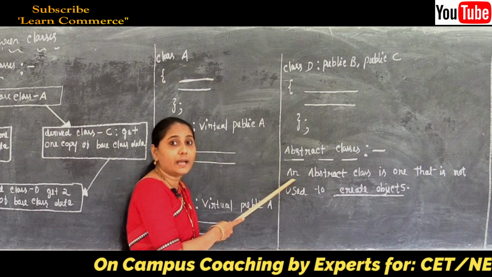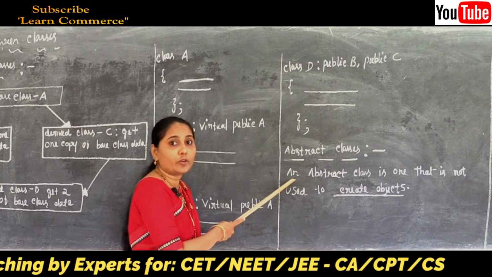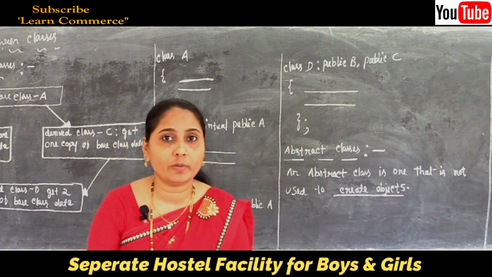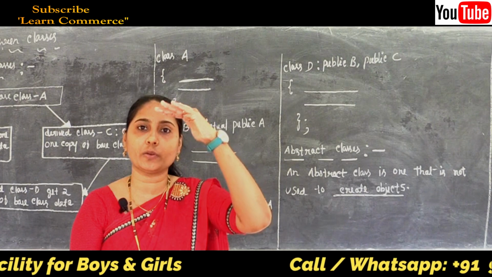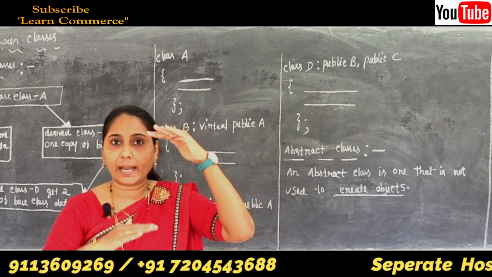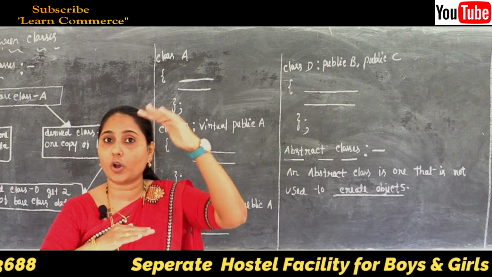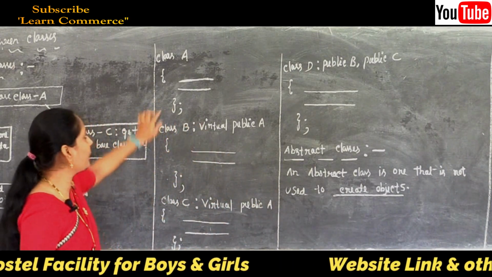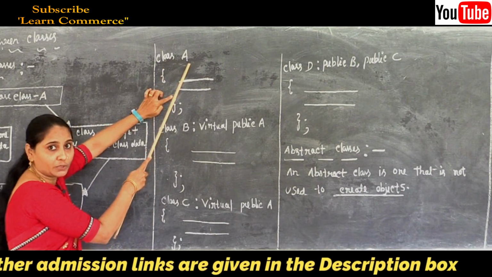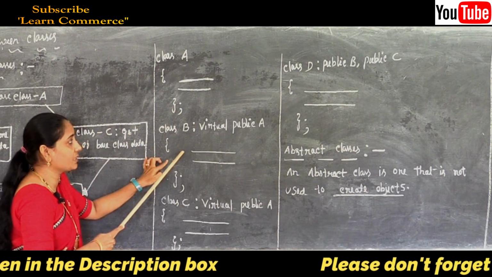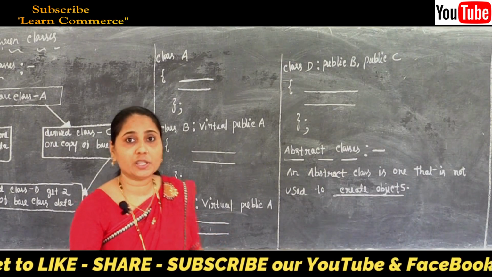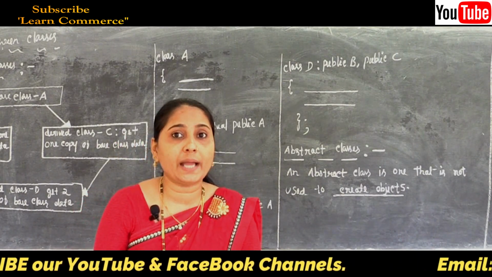That means one base class is there, by using it we construct the derived class, but we declare the object by using the derived class, not the base class. So in this example we are not going to declare the object by using class A. Whatever object we declare is by using B, C, or D here. So clear this point. This is the meaning of our abstract class.